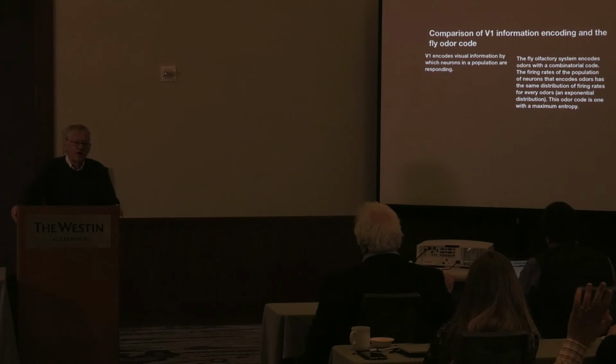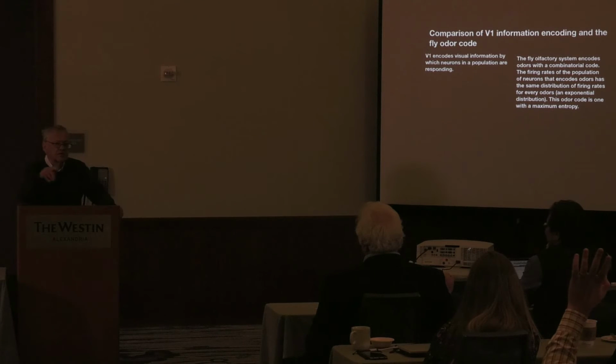So far, there are only 3 areas of the brain that have been published, so we know what the code is, and only 2 of those 3 codes have been published. The 3rd code is in the mouse olfactory system, and I can tell you that it works differently, but essentially the same way. It encodes things with an exponential distribution of firing rates, all with the same mean.